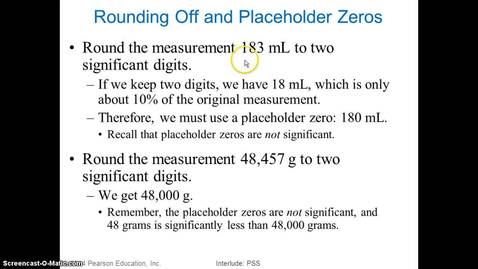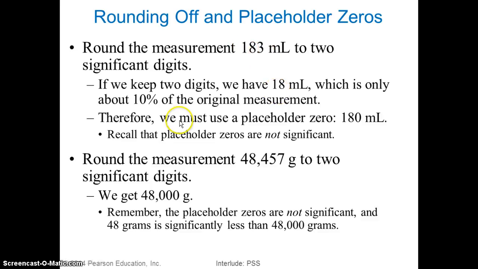Round the measurement 183 milliliter to 2 significant digits. If we keep 2 digits, 183 milliliter would become 18 milliliter, but we cannot round 183 milliliter to 18 milliliter.